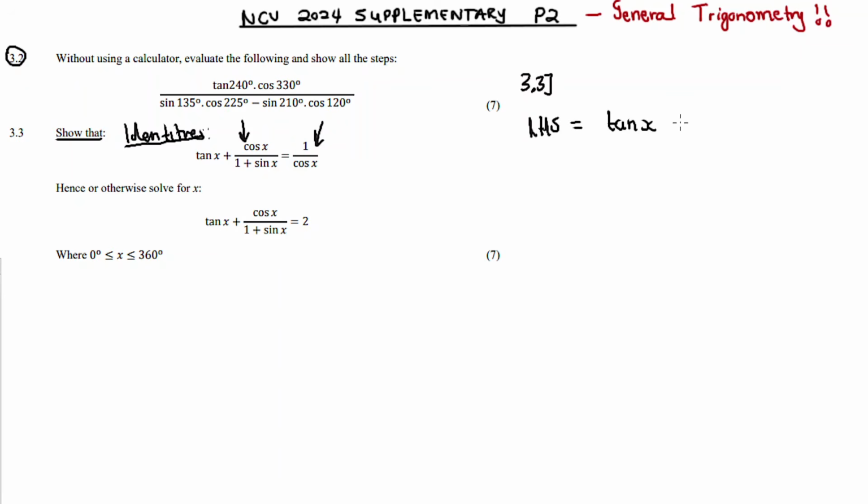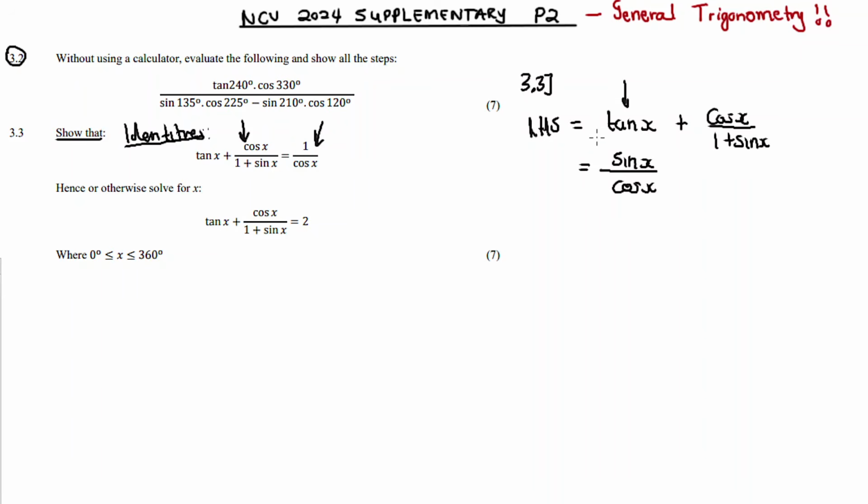So tan x over 1 plus sine x is equal to, so this tan is going to change to sine x over cos x. Why am I changing the tan to this? Remember, tan x is a quotient identity.